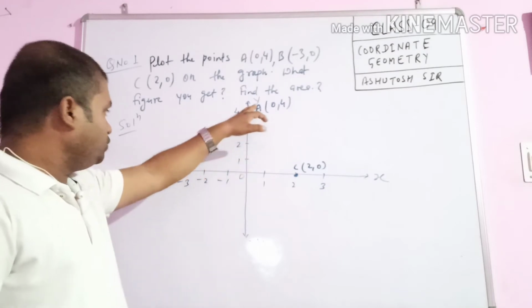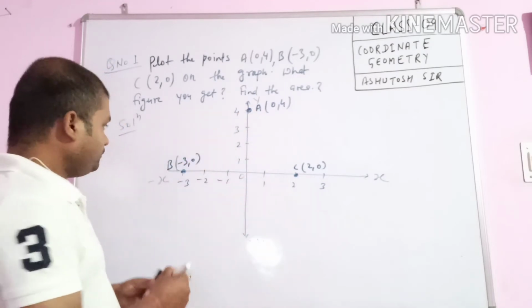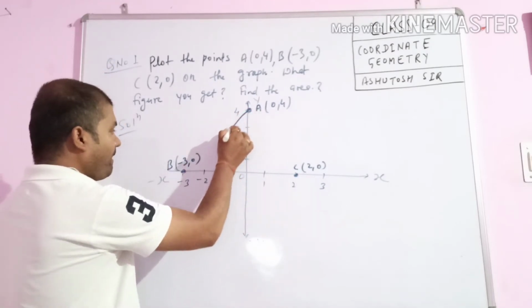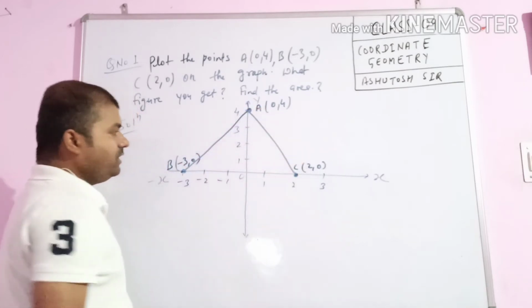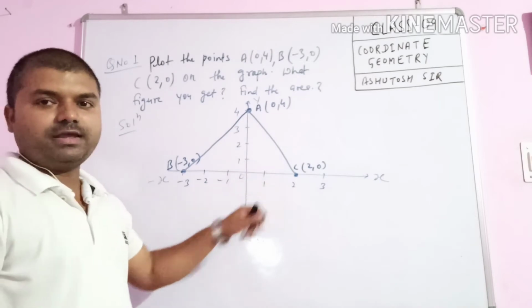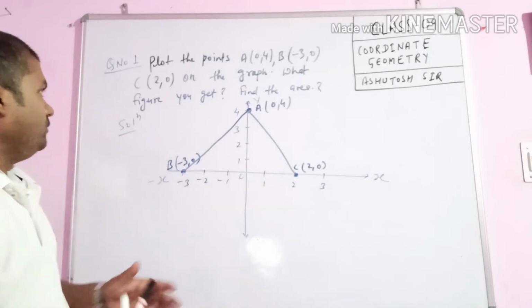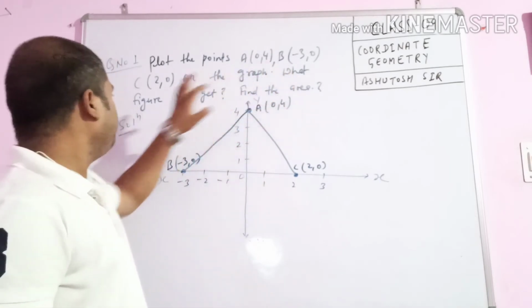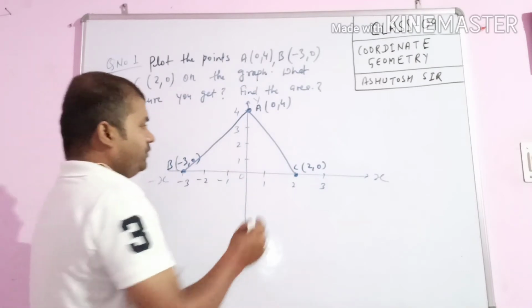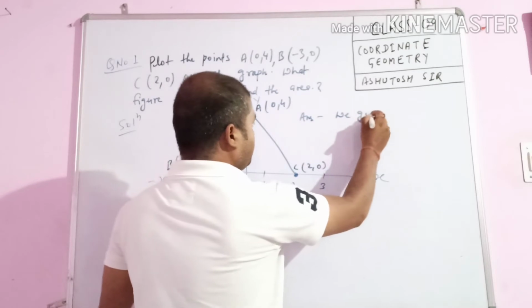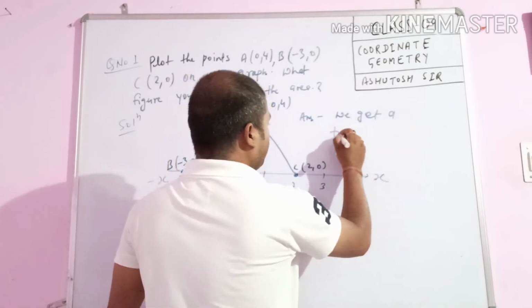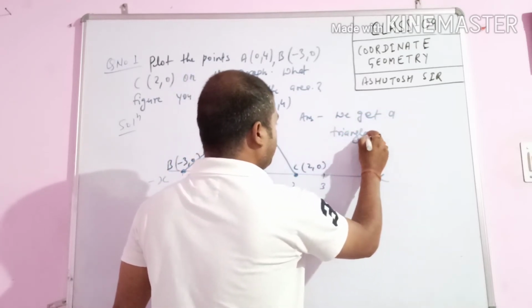Join these points, A to B and A to C. Then we get a figure of a triangle. Okay. According to the question, the answer is: we get a triangle.